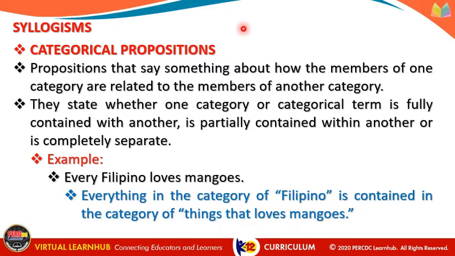So that is how categorical propositions are. They are propositions that tell us if a category is fully contained within another. In this case, all Filipinos is contained within everyone that loves mangoes. So that is an example of a categorical proposition.